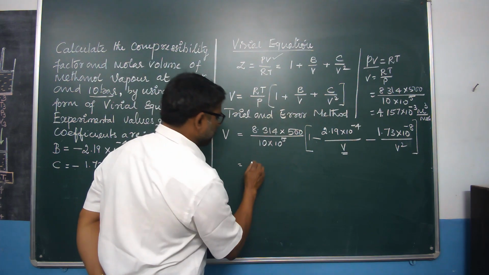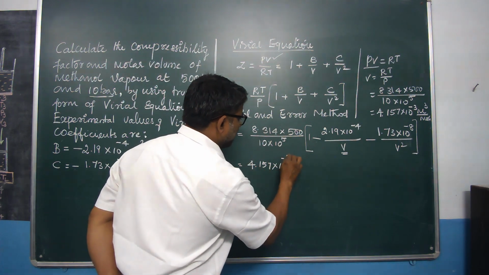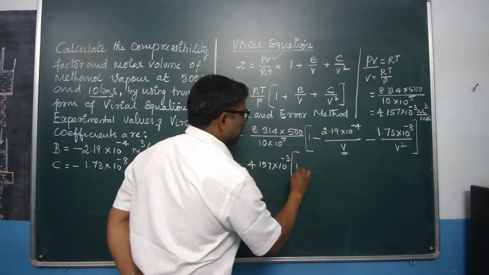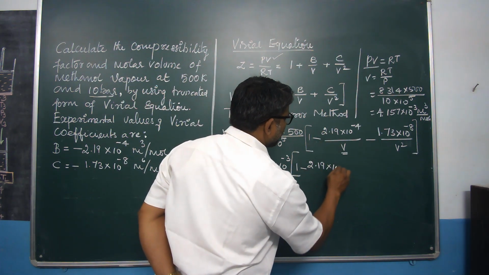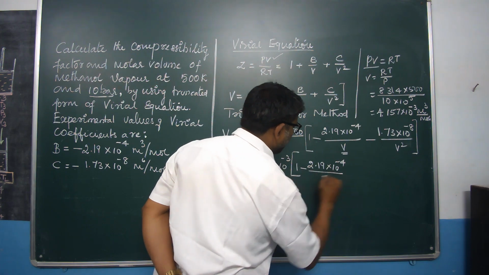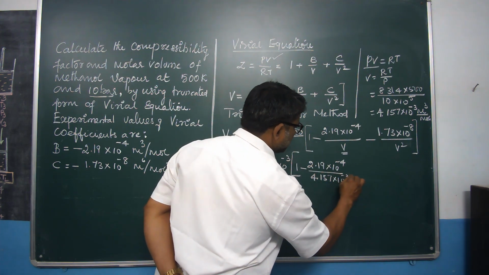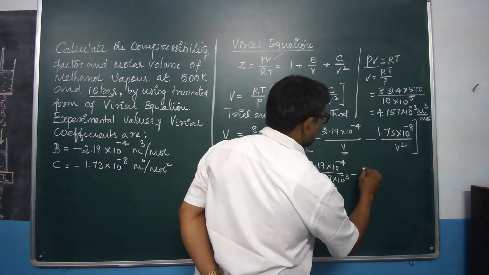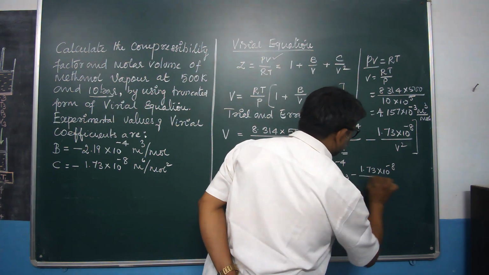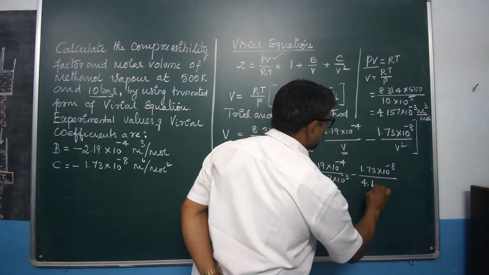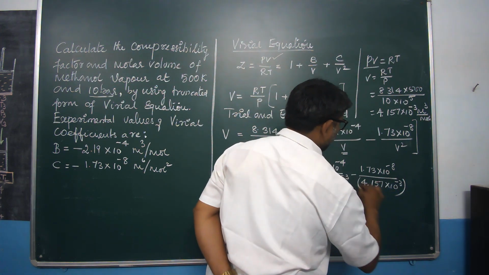So the answer becomes 4.157 into 10 to the power of minus 3, into 1 minus 2.19 into 10 to the power of minus 4 divided by 4.157 into 10 to the power of minus 3, minus 1.73 into 10 to the power of minus 8 divided by 4.157 into 10 to the power of minus 3, the square.